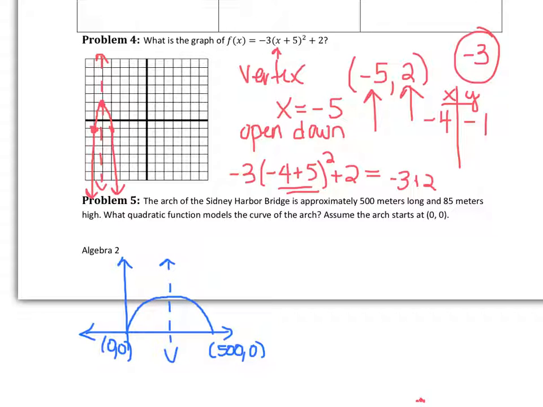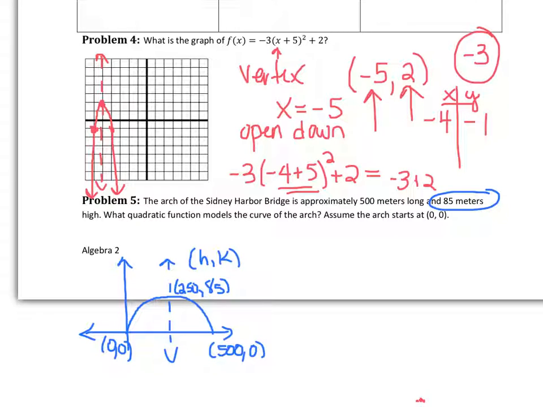So we know its x-coordinate, its h-coordinate, is 250, halfway between 0 and 500. And then the height of that arc is 85.